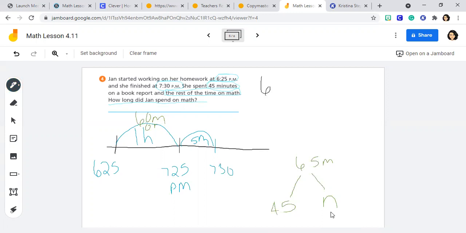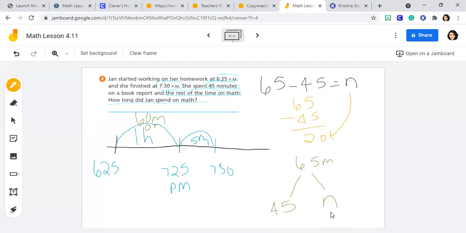This is actually 65 minus 45, which is going to give us that unknown number. When I stack those numbers on top of each other, 65 minus 45, and we do our subtraction, we know that our unknown number's value is 20 minutes. That's the rest of the time that she spent on math.